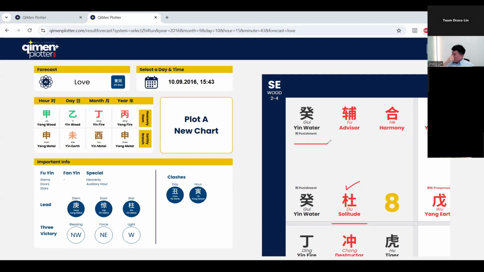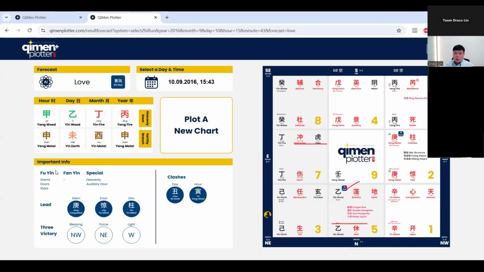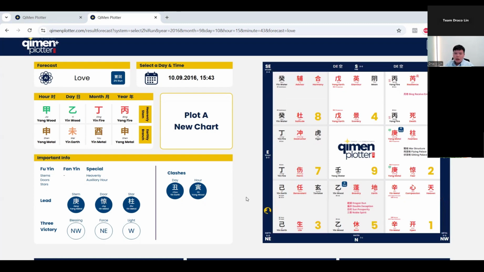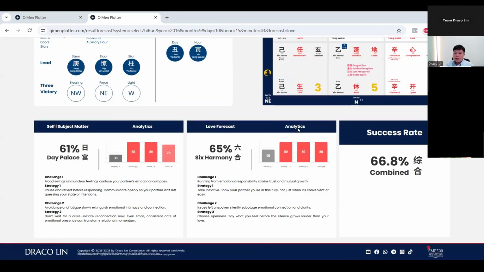All right. So at that moment, 2016, it's a different story. Totally different story. If at that moment in 2016 I had my plotter, I would not read in this manner. My advice to the person would not be in this manner. Okay, so if I look into the analytics, which is also something that we have done for you guys, we look into the love forecast, which is the analytics.